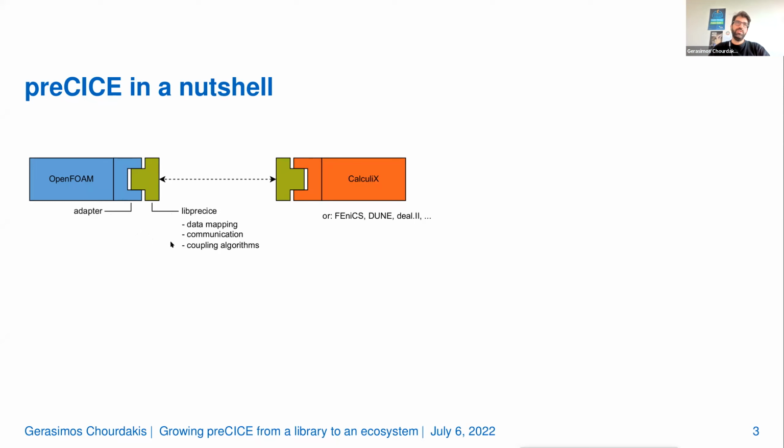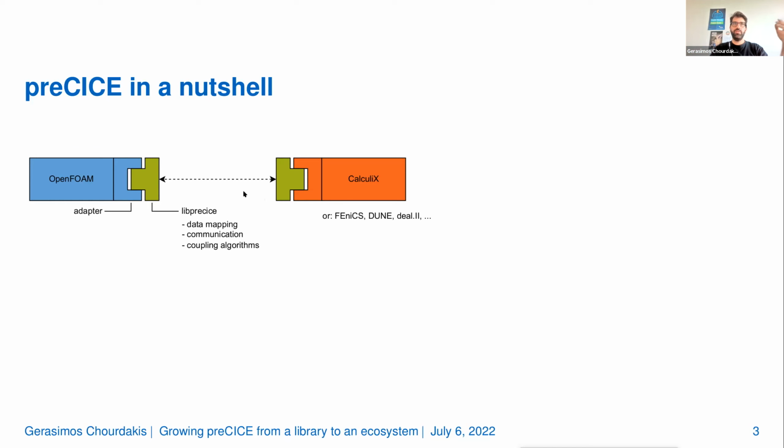The library itself takes care of data mapping between the meshes of the two solvers, which can follow completely different discretizations. In this case, we have a finite volume mesh, in this case, a finite element mesh. All that preCICE knows is a cloud of points and potentially how they are connected. The library also takes care that there is efficient communication.